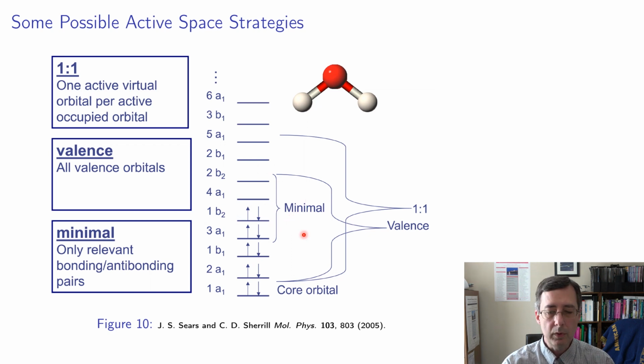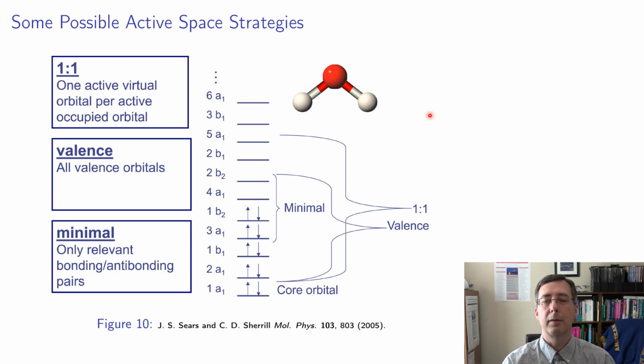And finally, I can pick what I will call a minimal active space, which is just only the orbitals necessary to describe the bonding or anti-bonding orbitals for the process I'm describing.